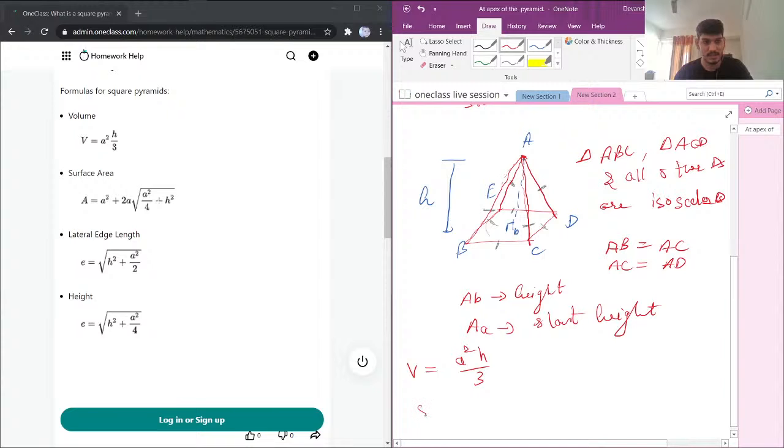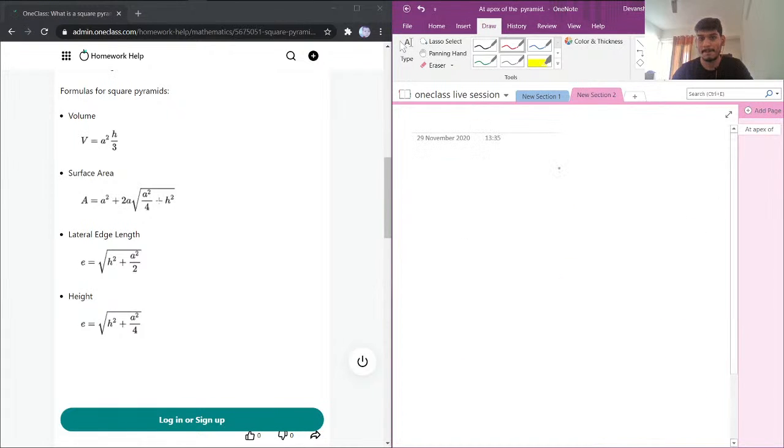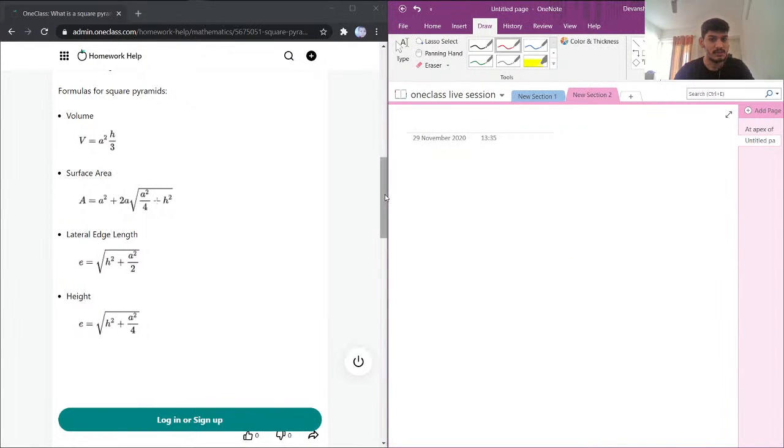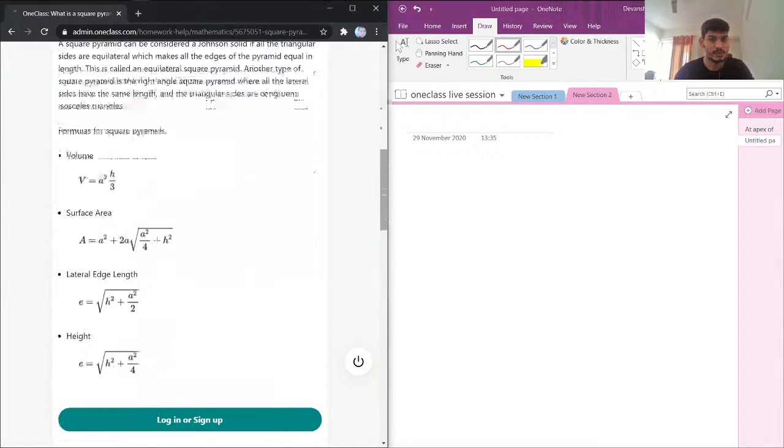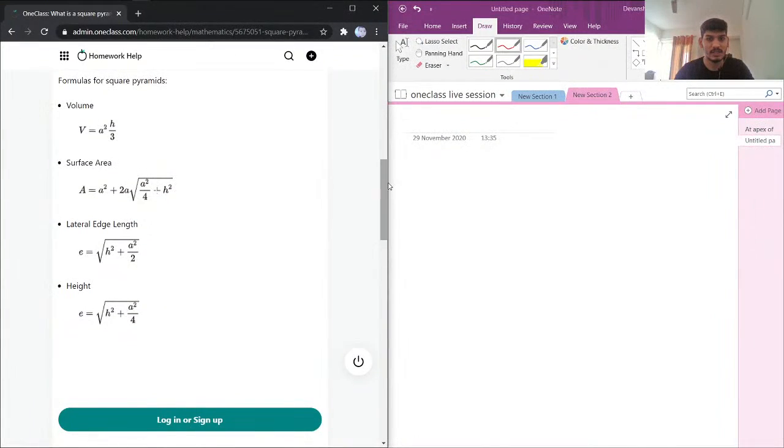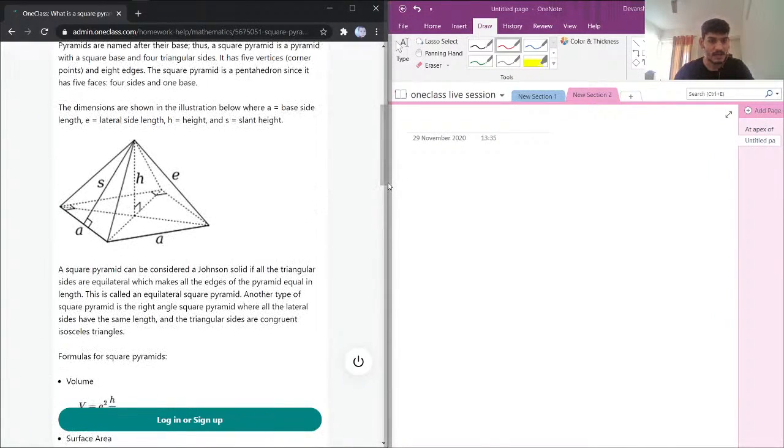So surface area will be equal to a square plus the four triangles. Then we have the lateral edge length, which is basically the length of the triangle, this length.